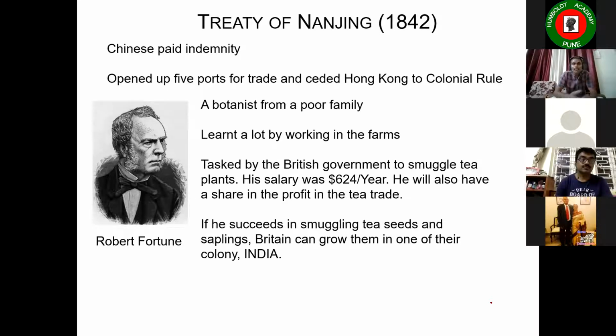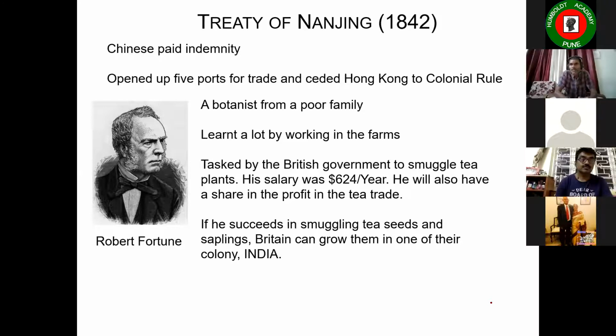Then that's not enough. So the British were thinking ahead. They decided that they were going to smuggle tea seeds. Robert Fortune was a botanist from the UK. He was from a poor background, but learned a lot by working in the farms. He was tasked to smuggle tea plants, seeds, seedlings, everything.